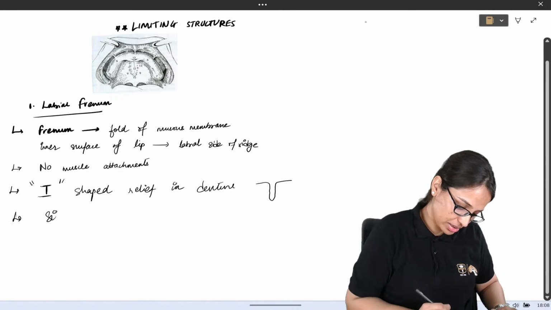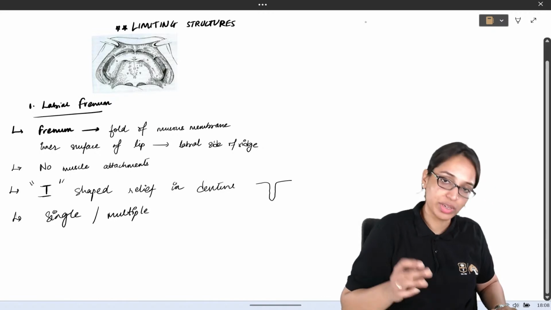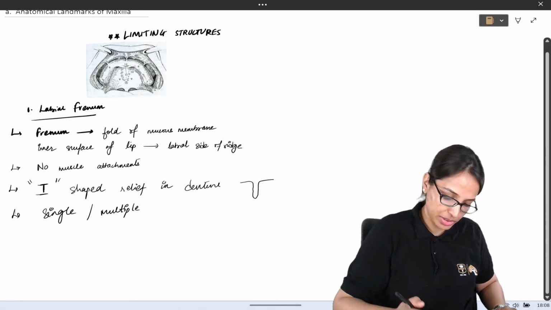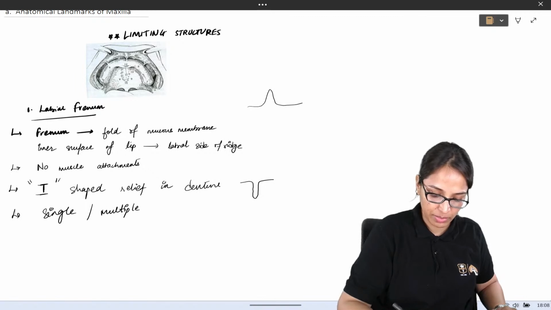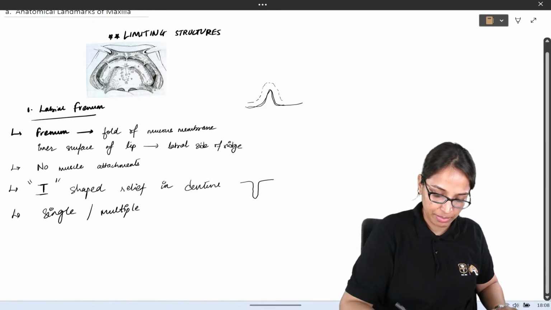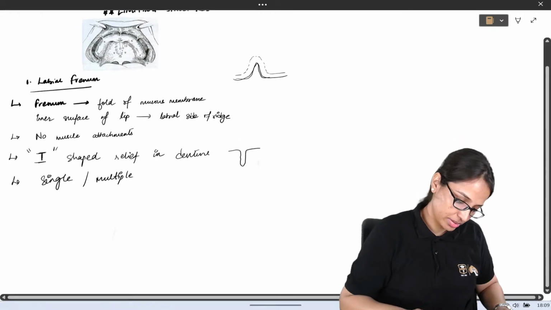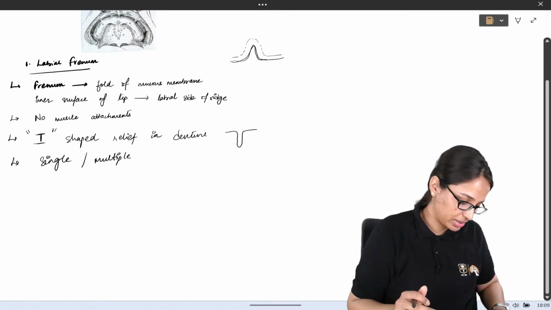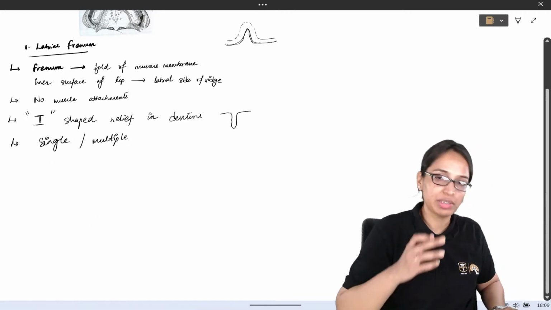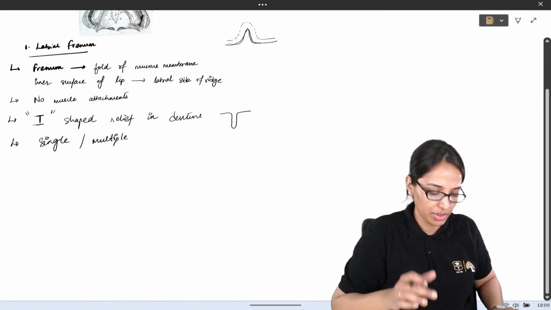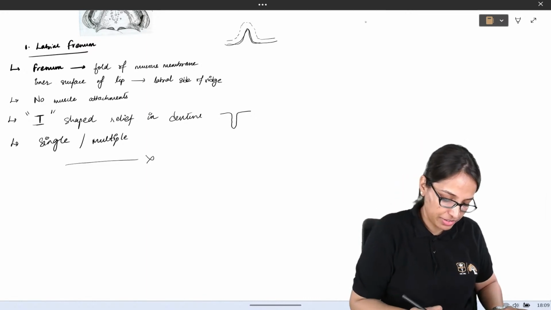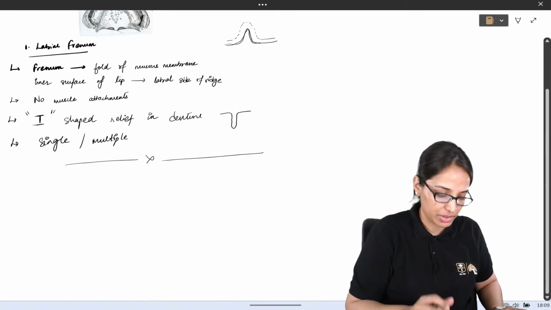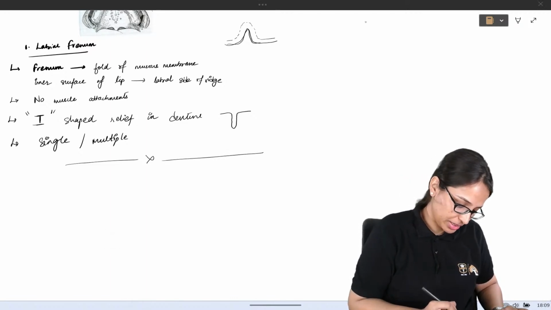It could be either single or it could even be multiple in nature, but the labial frenum looks somewhat like this. And corresponding to it, you give an I shape relief or rather shape of the maxillary labial denture. Mainly it will be the action of the lip that is going to affect the labial frenum. Apart from that, you don't have any particular muscular attachment. So that is your first limiting structure.